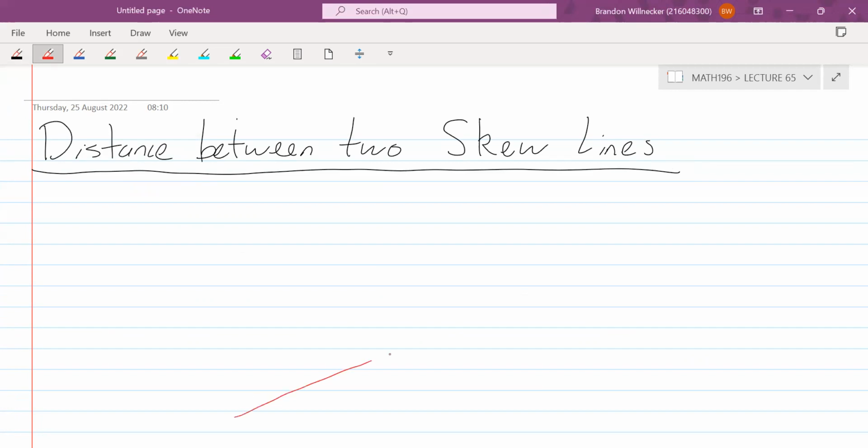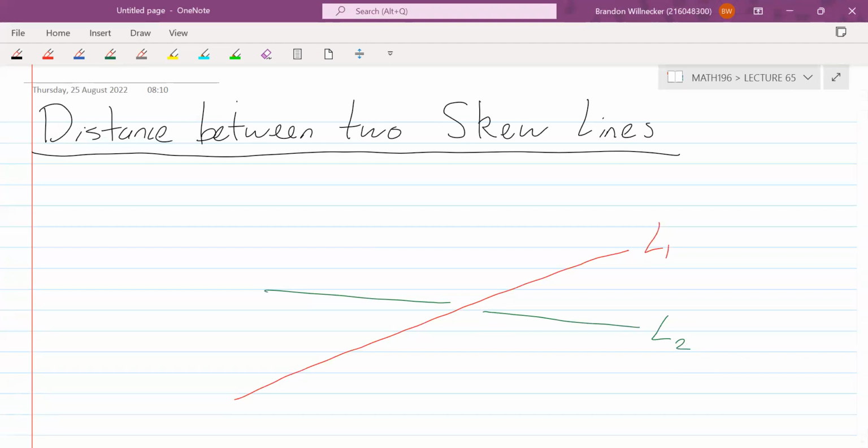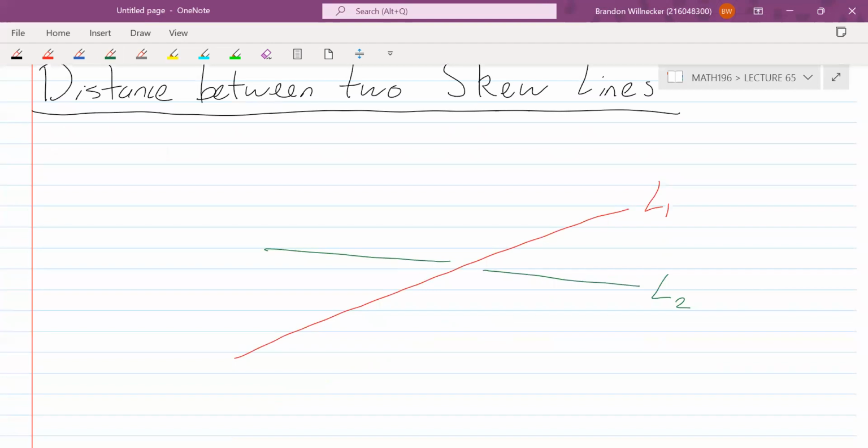We've got one line going like this, let's call that L1. And then we've got another line that crosses L1, but they don't intersect. So the lines are above each other. Let's say L1 goes above L2, some distance above L2, but they're at some angle like this. So these are skew lines.